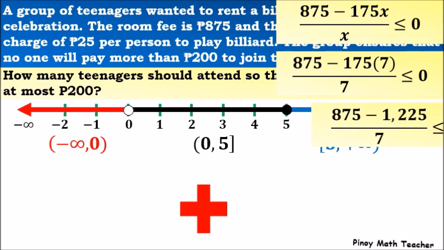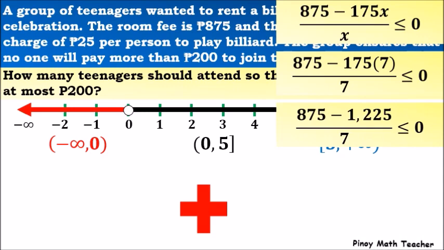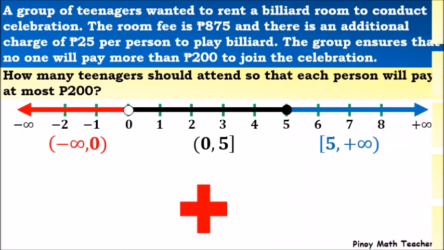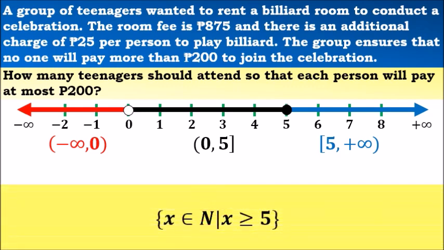So yan ay equal din sa ganito. (875 minus 1225) over 7 is less than or equal to 0, or that is negative 350 over 7 is less than or equal to 0. And negative 50 is less than or equal to 0. So, this is a true statement. Ibig sabihin, ang solution set natin ay x is an element of natural number such that x is greater than or equal to 5.